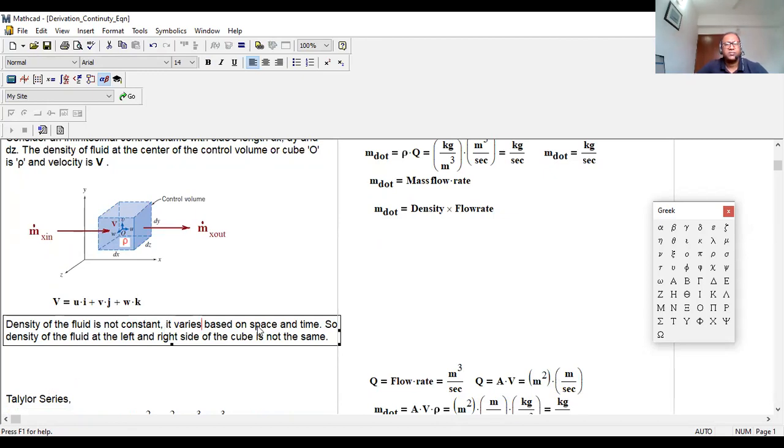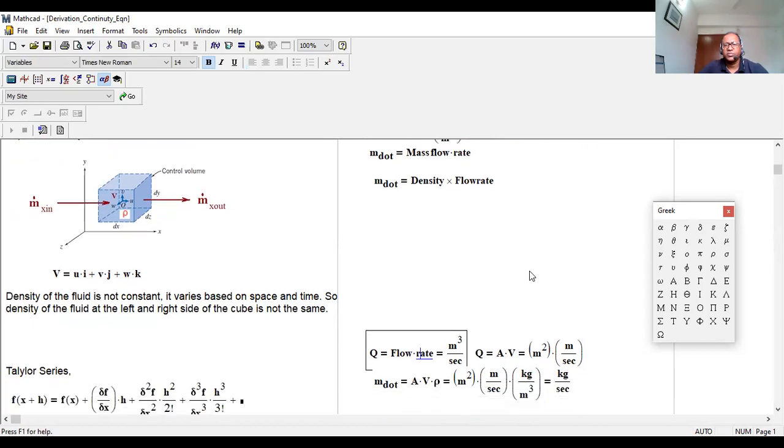It varies with space and time. Space means with respect to distance x, y, and z. So the density of the fluid on the left side and right side of the cube is not the same.